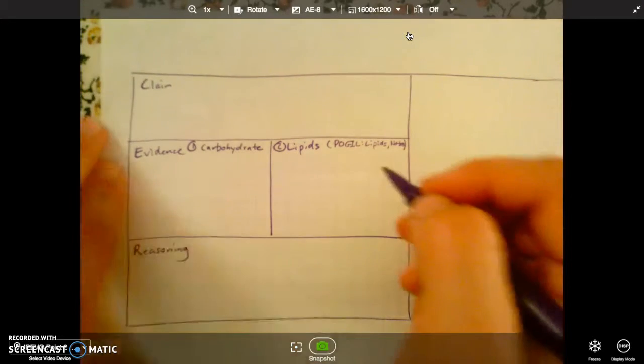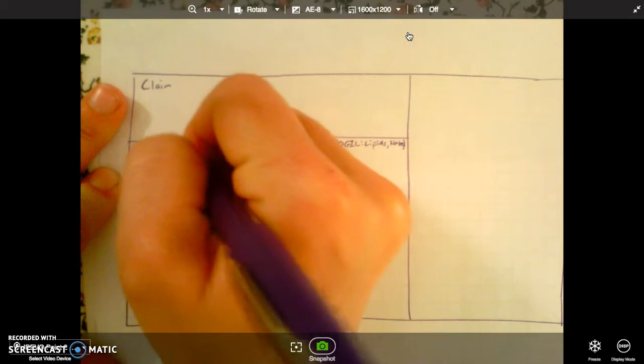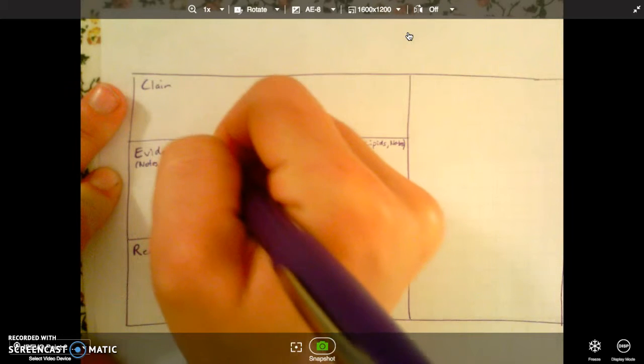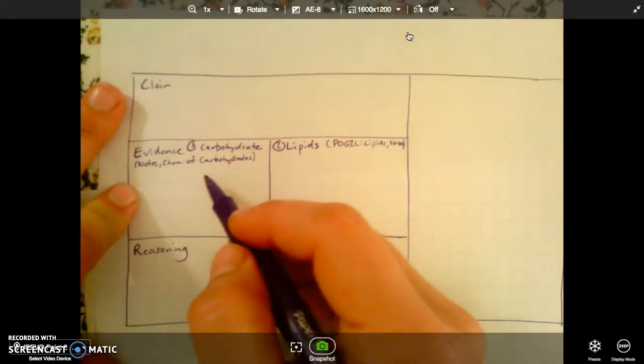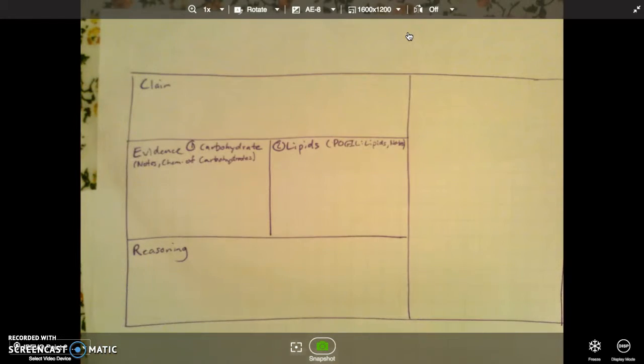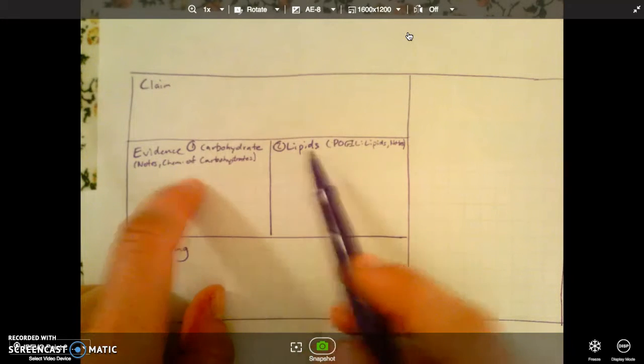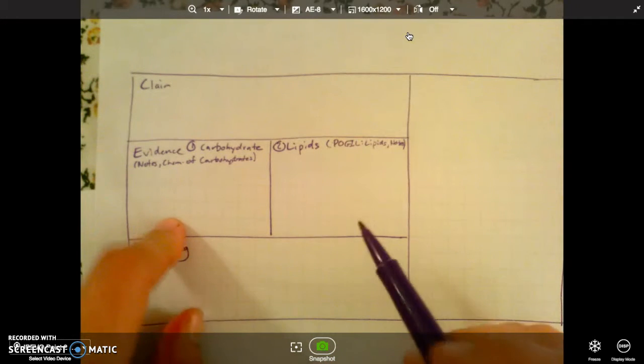For carbohydrates, I would look back at notes from class, and then maybe the chemistry of carbohydrates activity. Those are both excellent resources. You could also look at the Carb Crazy article, which had a lot of information in it as well. These are our sources of information. Remember, for evidence, we're only looking at class sources of information.